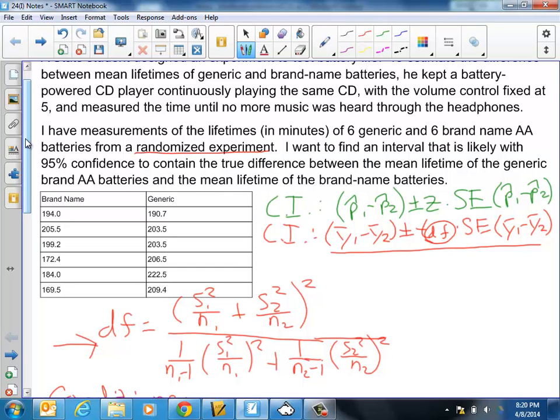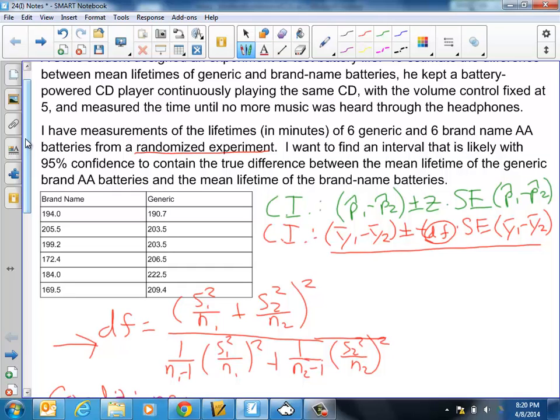Remember, as we talked about last time, to meet the nearly normal condition, it really depends upon your sample size. Because we've got a sample size of 6 generics and a sample size of 6 brand names, you need both of these histograms to be unimodal and symmetric. Now, the caveat with that is that when you build your histograms, you've got a lot of flexibility in terms of your bin sizes and your view window and all that sort of thing.